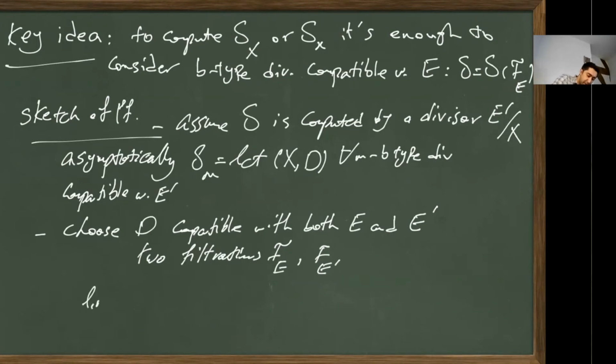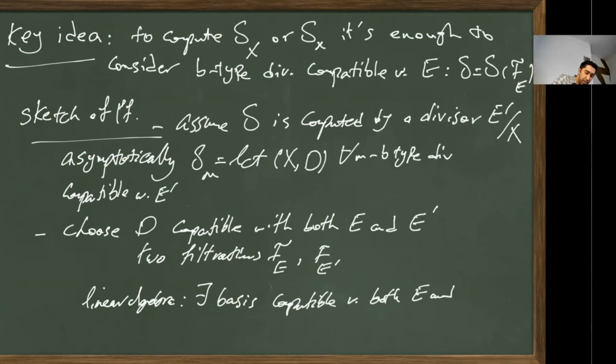And linear algebra tells you that there is a basis compatible with both E and E prime. So this is your new D, right?